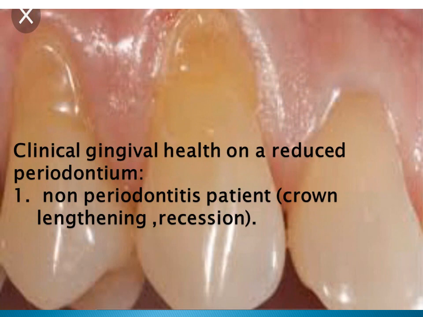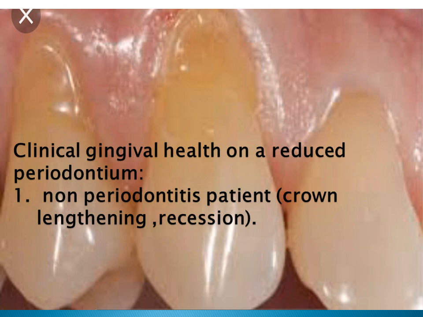As we finish the characteristics of clinical gingival health on intact periodontium, now we come to the characteristics of clinical gingival health on a reduced periodontium, which includes two parts. First of all, the non-periodontitis patient. A non-periodontitis patient means that there is a destruction in the attachment apparatus of the teeth due to procedures other than periodontitis.